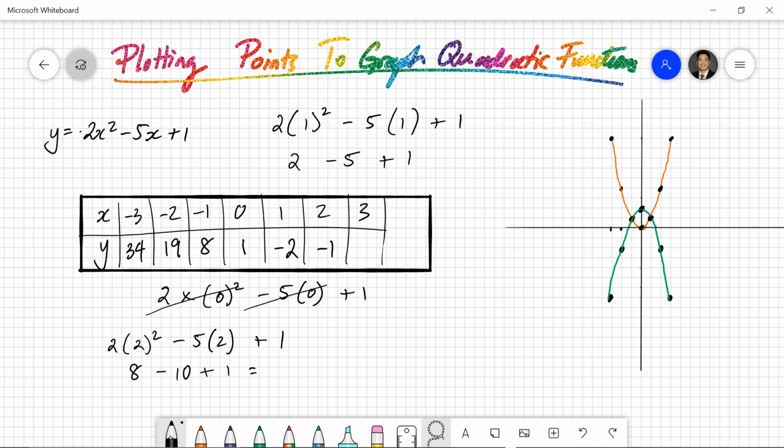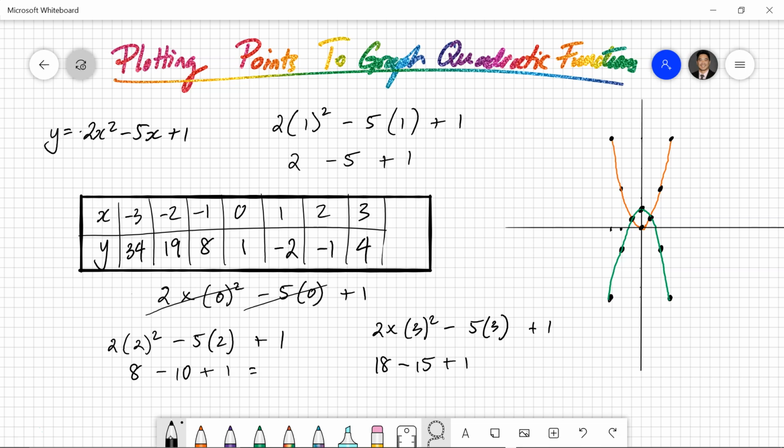And then lastly, we're going to substitute 3. So 2 times 3 squared minus 5 times 3 plus 1. We'll end up getting 9 times 2, 18, but 18 minus 15 is 3. 3 plus 1 is 4. So there's our table of values.